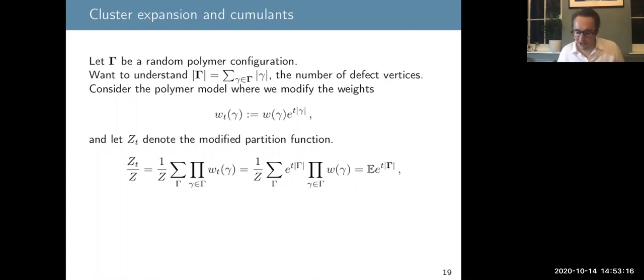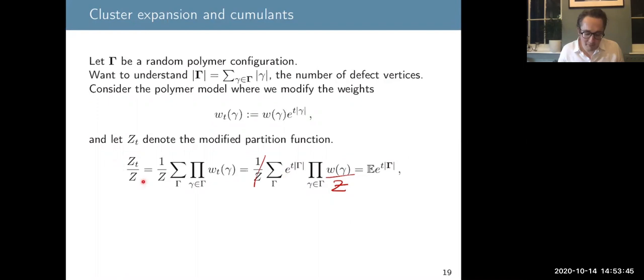But if I rewrite this like this instead, notice that this is just the probability of seeing the collection gamma in my old model. And so here I'm getting the exponential generating function of the random variable I'm interested in.